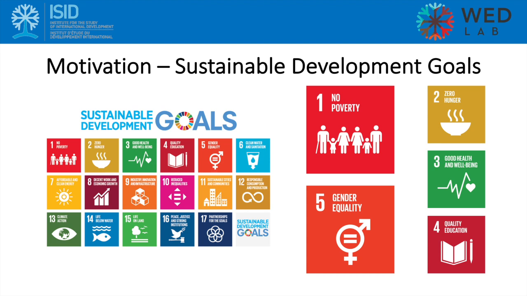Clearly, income, consumption, and food consumption are very tightly linked, especially with vulnerable and poor populations. The fact that many of these cash transfer programs are conditional on education and health ties directly with these other two goals: good health and well-being, which is Sustainable Development Goal number 3, and quality education, which is Sustainable Development Goal number 4.